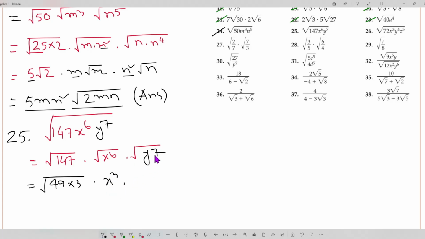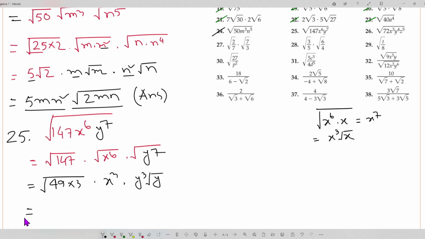And this one y to the power 7, once we make a square root, look, x to the power 6 times x is x to the power 7. So once we make a square root, this x to the power 6 becomes x cube, and this one is root x. Similarly, this one is y cube root y, right?